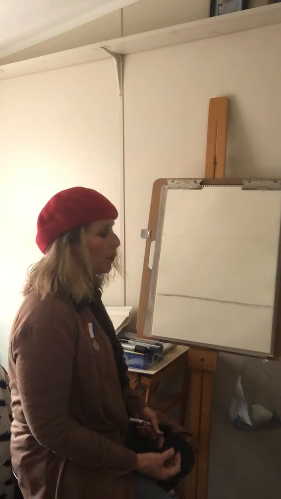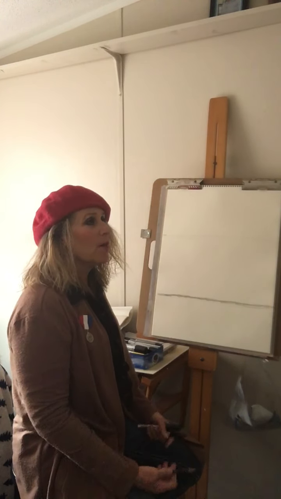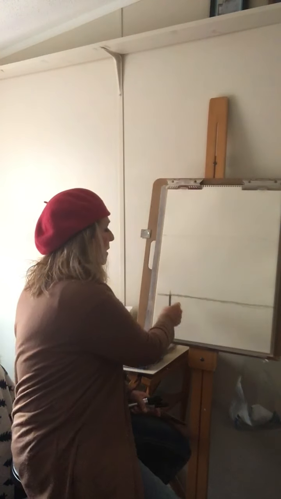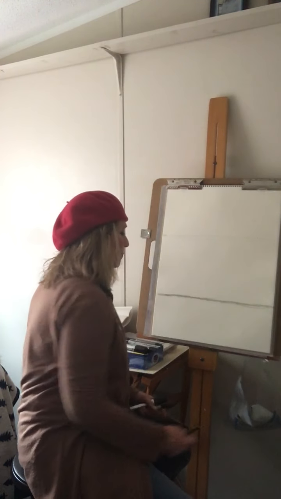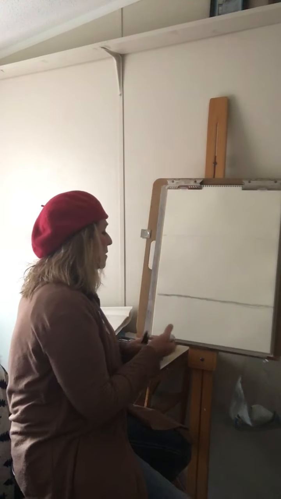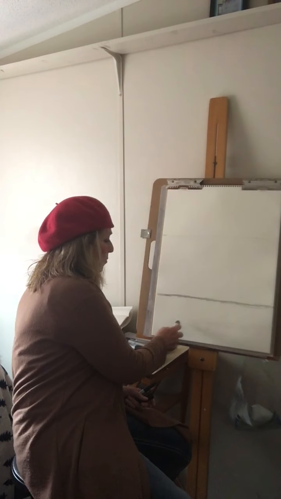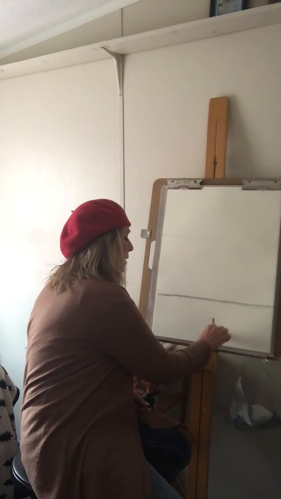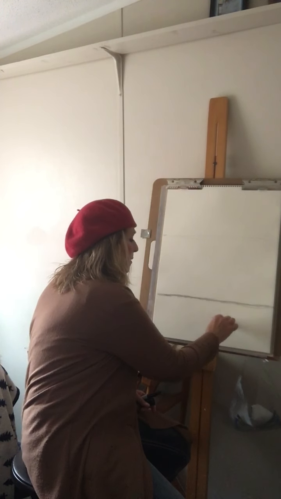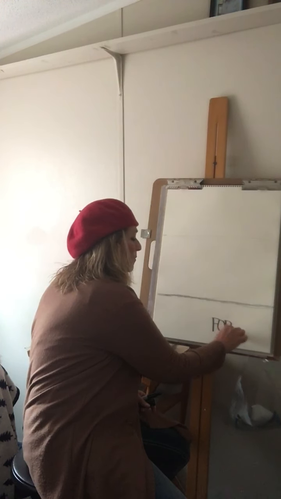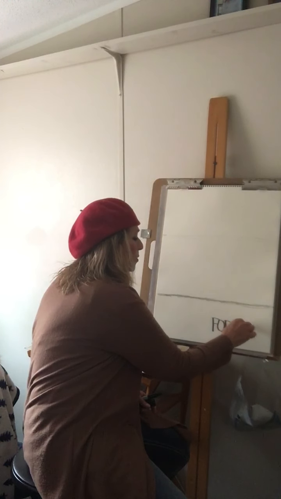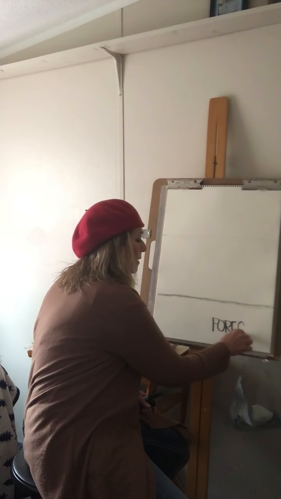When we do a landscape, when we look outside, you can look outside a window or you can look from your car. This is again the ground line, and this ground right here is what we call the foreground. So I'll write that down so you'll know what I'm talking about.